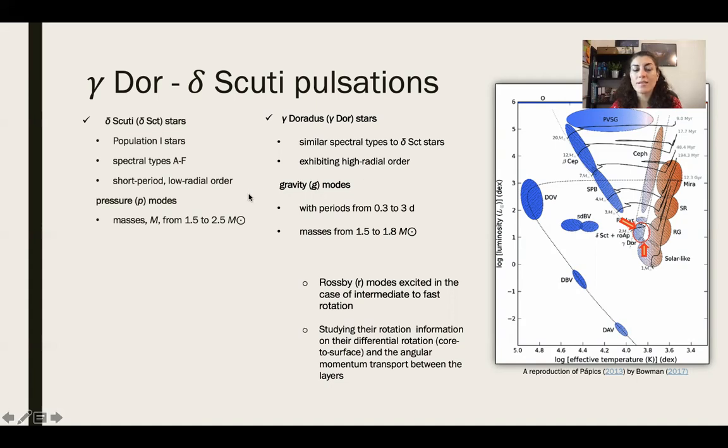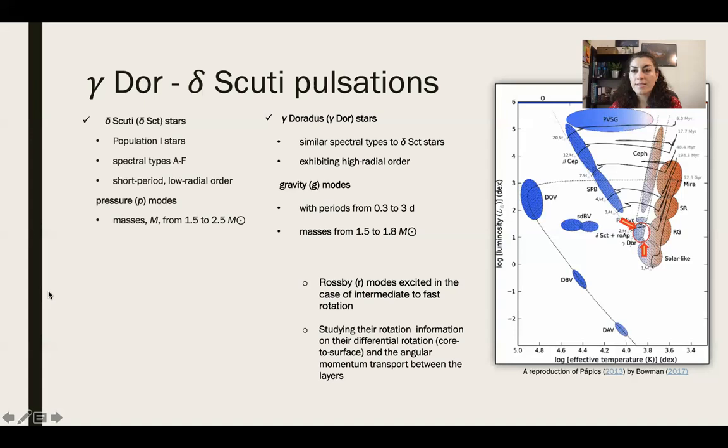As you can see here, the main difference between Gamma Dor and delta Scuti pulsation is that the Gamma Dor stars are showing the gravity g modes, which have gravity as their restoring force, and they are coming from the regions close to the core. But the delta Scuti pulsations are high frequency pulsations, and the modes are excited in the shallower layers, closer to the surface.